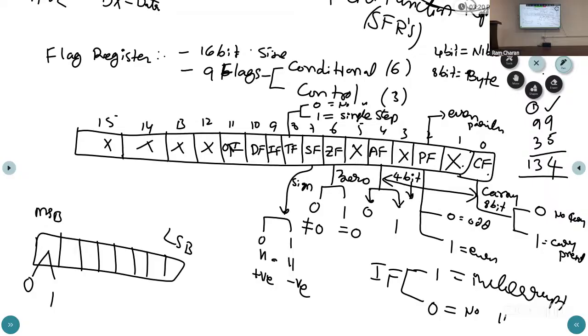In that, 3 flags are controlling flags: trap, interrupt, direction. The remaining 6 flags, that is the carry, parity, auxiliary, zero, sign, overflow. These 6 flags are conditional flags. These 6 flags we use in conditions.